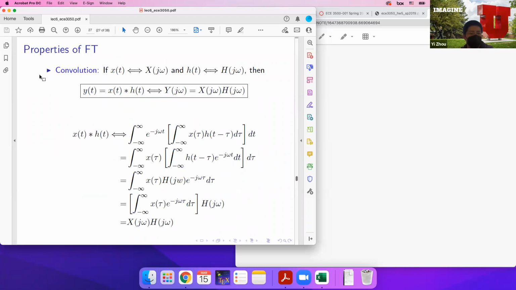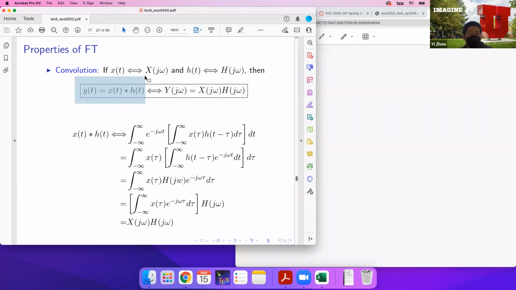And the other one is the convolution property. With this convolution property, we can directly apply Fourier transform to analyze LTI systems. Because for an LTI system, we know that the input and output relation is given by this convolution equation: the output is equal to the input convolved with the impulse response of the LTI system.